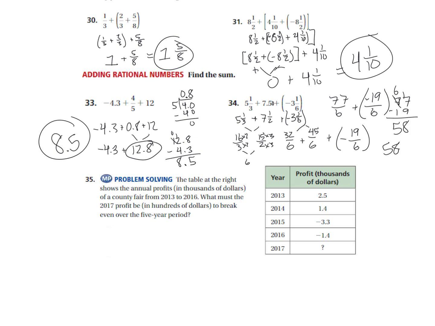So we get 58 over 6. This is going to be positive, since the positive was the greater absolute value. Or we could say this is going to be 9 and 4/6, which also simplifies to 9 2/3. Just like that.